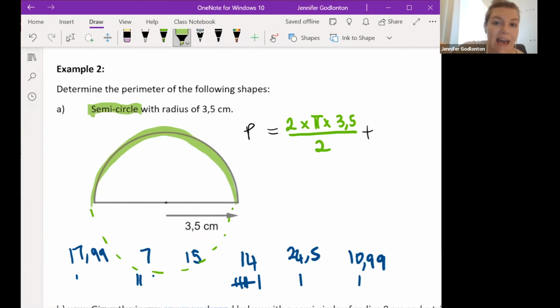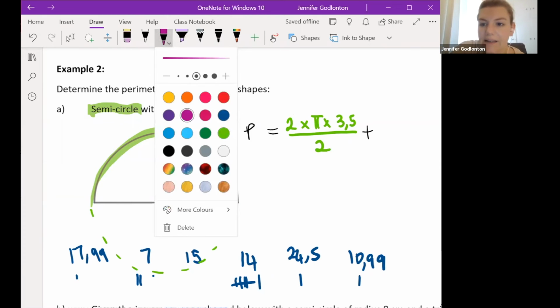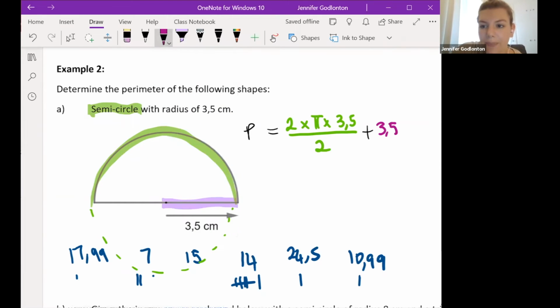Then we have to add this guy over here, which is our radius. So we're going to add 3.5. And we also have to add the other radius, otherwise we wouldn't be getting our full perimeter. So we're going to add another 3.5. And then we can chuck it into our calculator exactly like that.